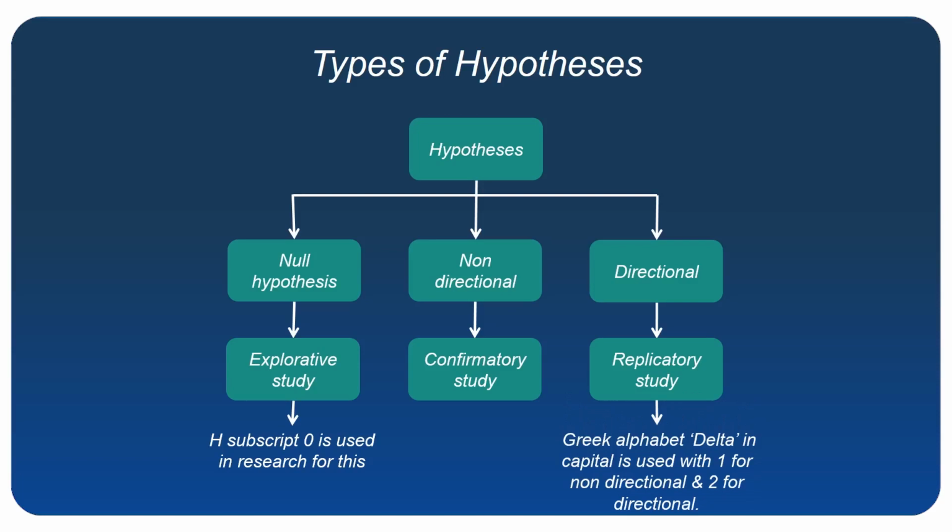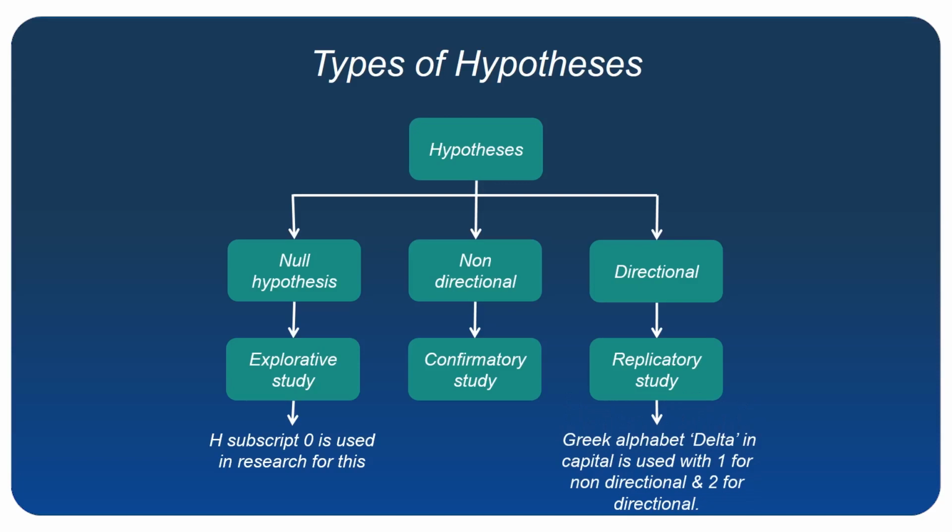The other hypothesis is called alternate hypothesis, and this alternate hypothesis again is of two types. One of them will indicate the direction and the other one will not indicate the direction. Therefore, it is non-directional alternate hypothesis and directional alternate hypothesis.